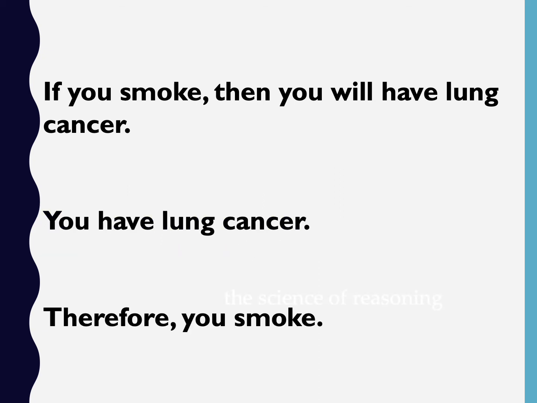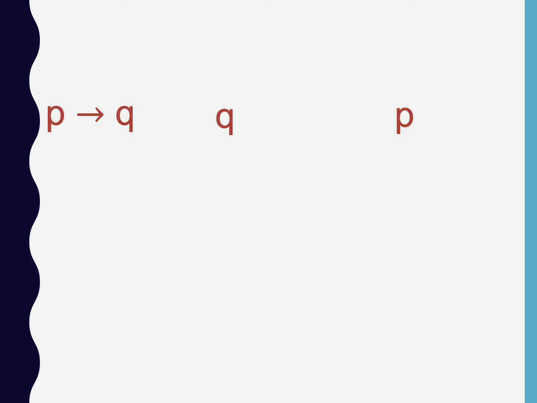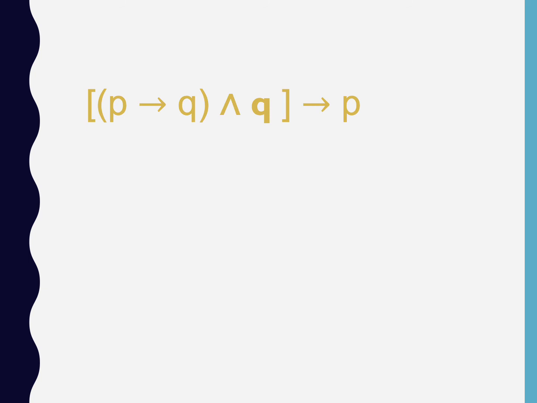Setting up the connectives, if you smoke, then you will have lung cancer is a conditional statement, if P, then Q. When you have lung cancer, that is your proposition Q, and your conclusion, therefore you smoke, is your proposition P. Now, combining the propositions and the connectives, we will now have the statement if P, then Q, and Q, then P.